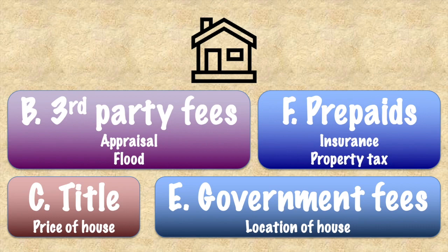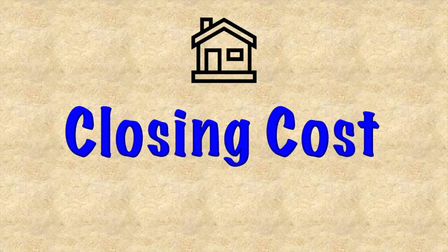These are all dependent on the specific house. And mortgage insurance depends on your credit and how much down payment you're putting down. And so there are a lot of different pieces that contribute to why it's hard to give you an estimated closing cost when you're just starting out.